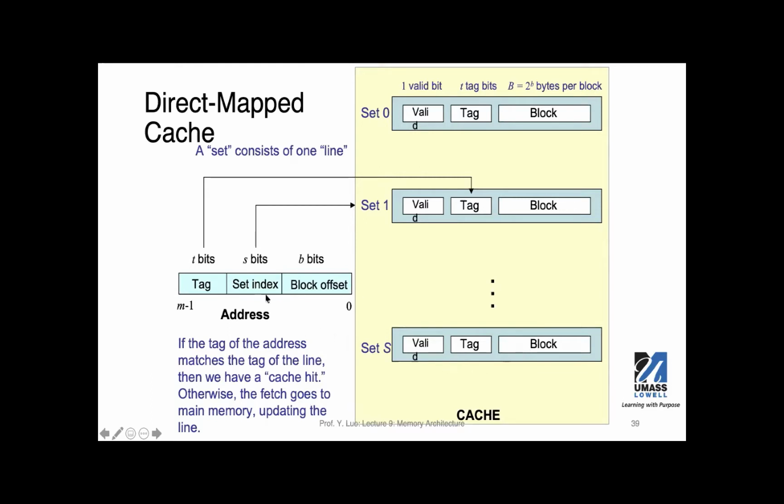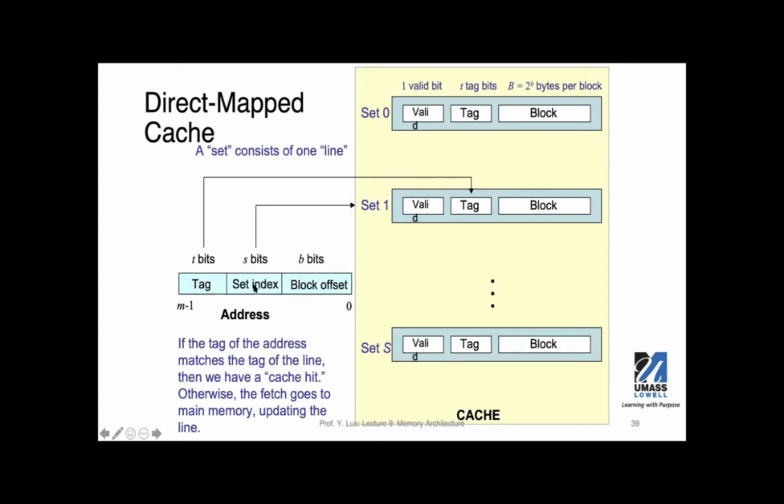Okay, so now you may wonder, you have another, in our case, 16 bits left, because let's say we have a 32-bit address, 8 bits here, 8 bits here, then the tag part will be 16 bits. How are we going to use these 16 bits?